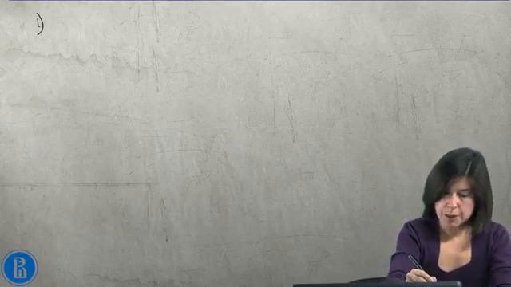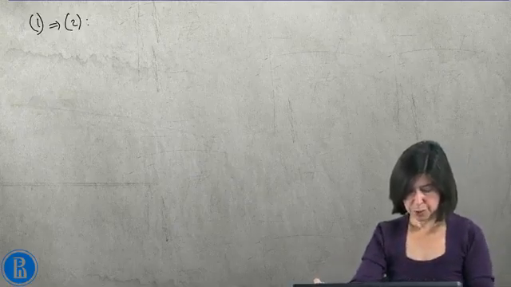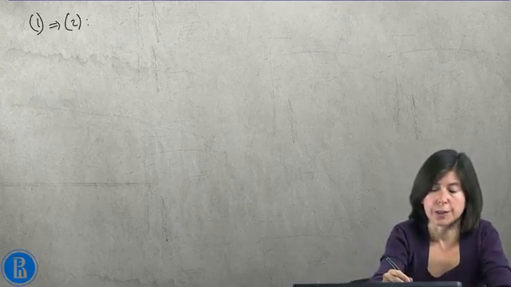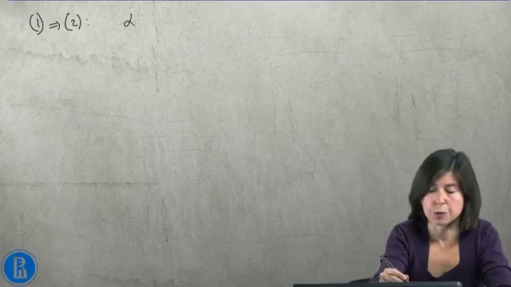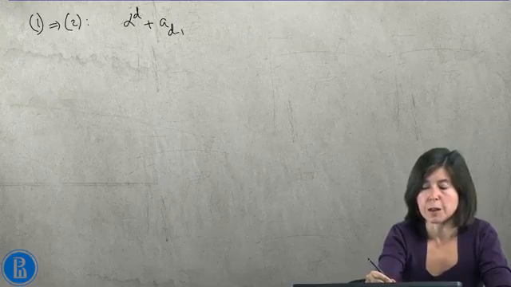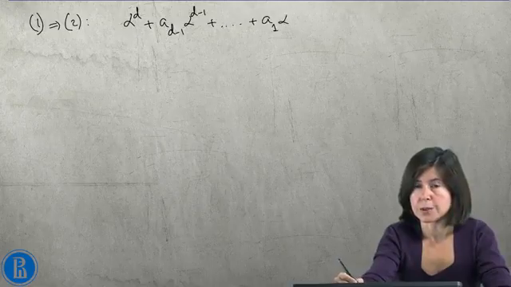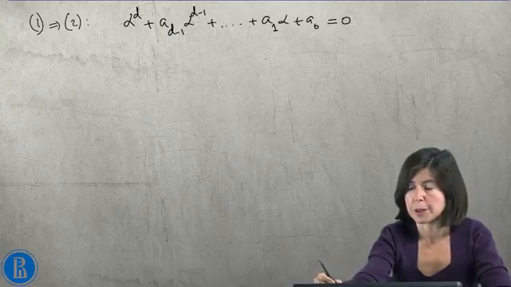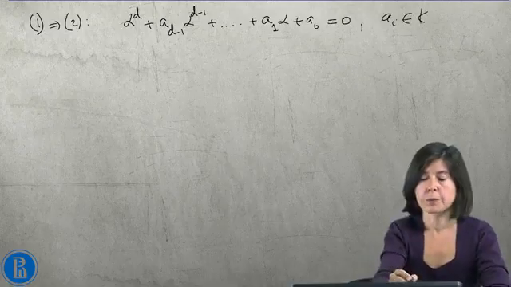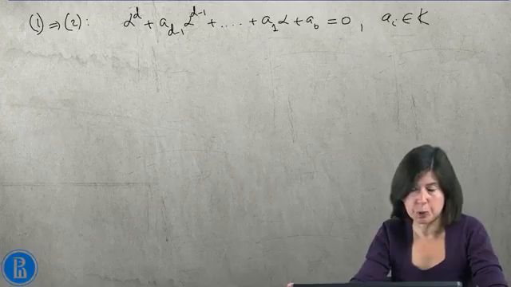Let me prove that 1 implies 2. If alpha is algebraic, then I can write alpha to the power of d plus a_{d-1} alpha to the power of d minus 1 plus, and so on, plus a_1 alpha plus a_0 is equal to 0, where the a_i are elements of K. This is just P of alpha, where P is the minimal polynomial.